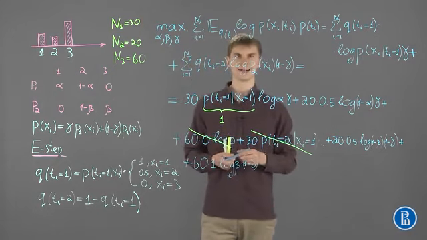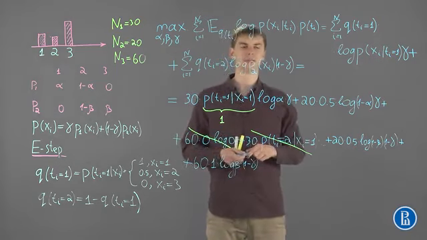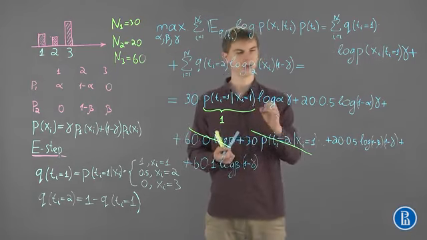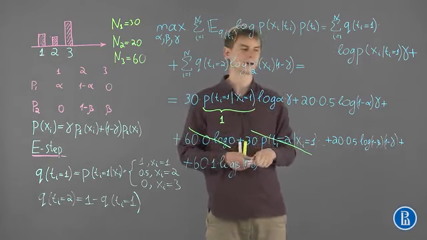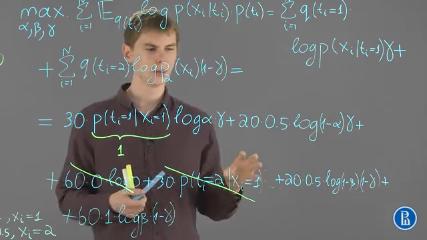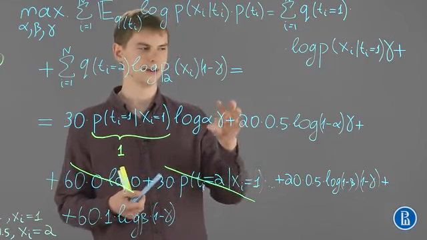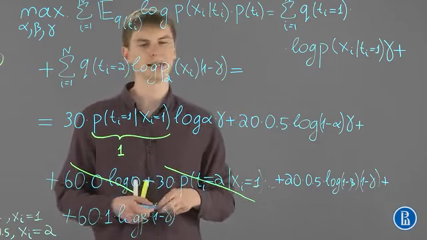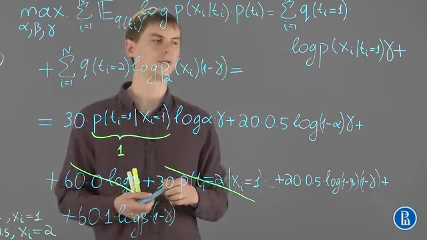So let's try to simplify it a little bit. Get rid of the zeros and things like that that can make things harder for us, and also move all the parts that depend on the same parameter together. So let's start with maximizing with respect to alpha, for example.